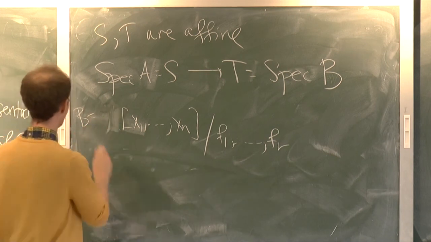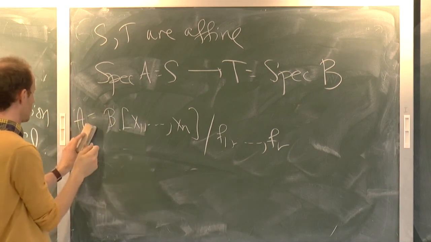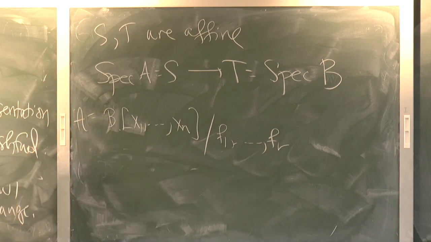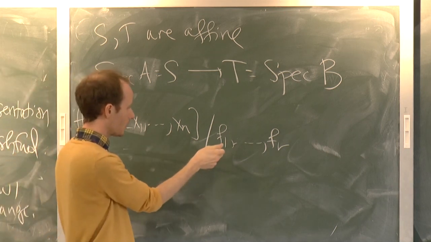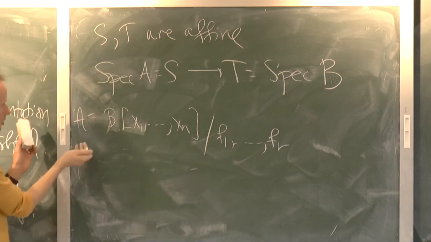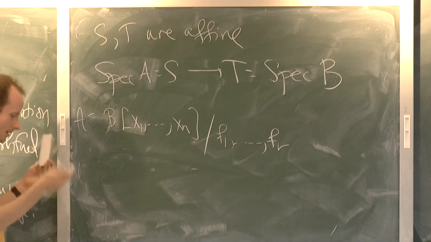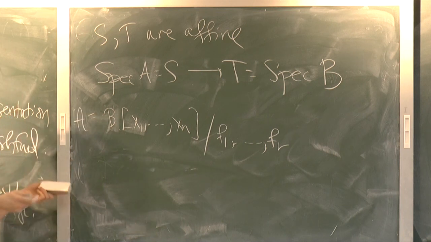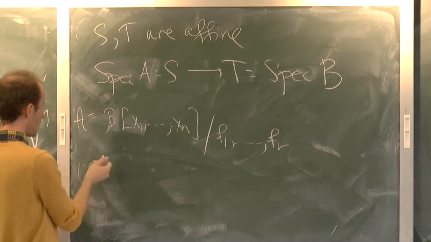It means I can write it like this. Take all of the coefficients of all of my finitely many polynomials. Those all lie in some subalgebra of B, and just take that subalgebra. It gives me some finitely generated subalgebra of B, such that I can make sense of this formula still.